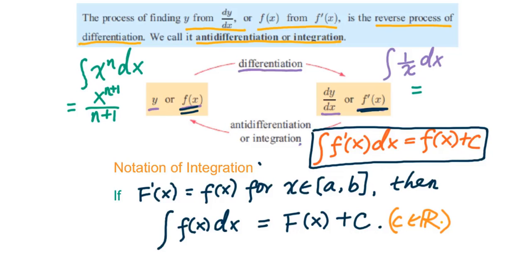But we do know that the derivative of the natural log of x is 1 over x. Therefore, we can do the backwards. You will get natural log of the absolute value of x plus c. Why do we put the absolute value here? Because the domain of the log argument must be greater than 0.